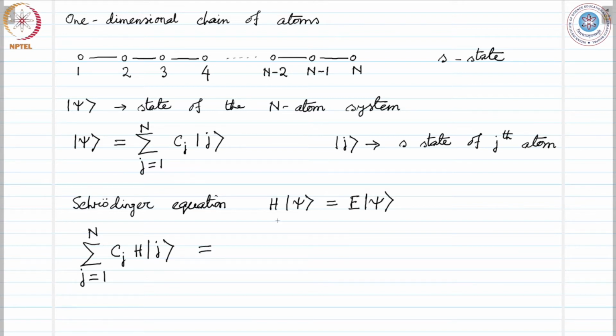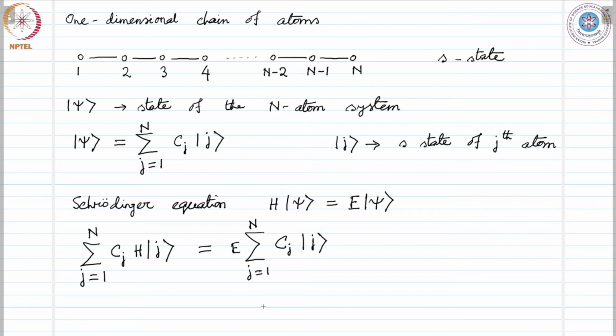This quantity according to the eigenvalue equation becomes E sum over j equals 1 to n, Cj j. This is the eigenvalue equation that we can write.